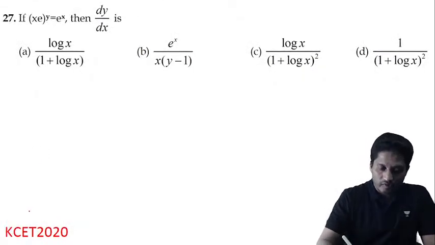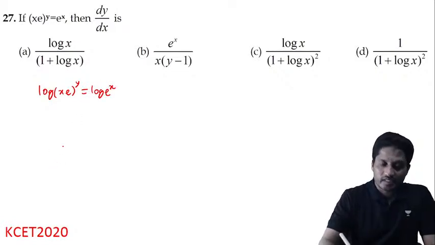Okay, if I take suppose log on both the sides, log of x into y whole power y is equal to log of e power x. Okay, log m power n is n log m, right? So you get y into log of x into e is equal to x into log e.